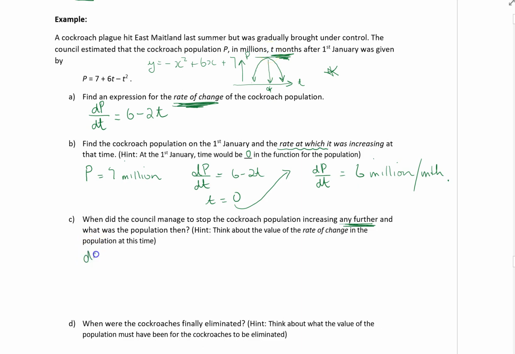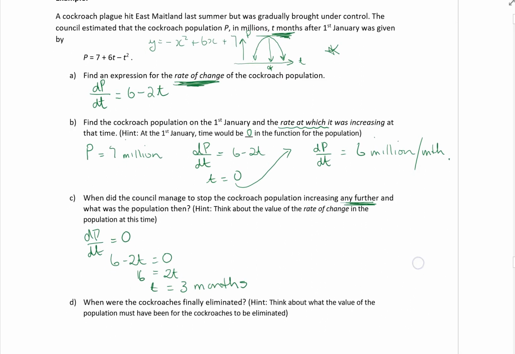We know that dp dt is equal to naught. What was our expression for dp dt? This 6 minus 2t has to be naught. 2t, take it to the other side, make it a positive, is equal to 6. t is equal to 3. 3 months later, the population ceased to increase. The graph of the population started to come down.